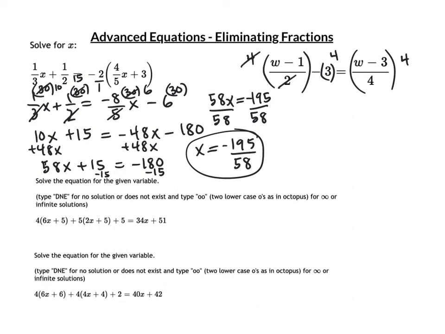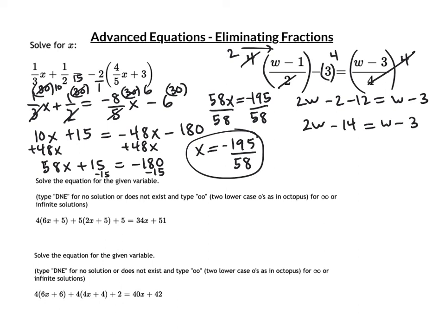So here the 4 and the 2 cancel. You get 2, and you have to distribute that 2 through the parentheses. So that's 2w minus 2 minus 12. 4's cancel, and it'd be w minus 3. So that is 2w minus 14 equals w minus 3.